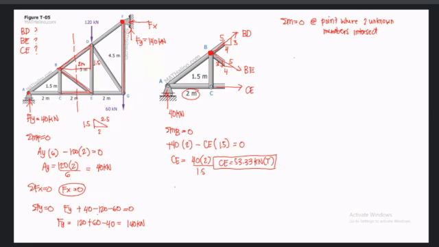Okay? So, gamitin natin si summation Fx is equal to 0. So, you have positive BD times 4 over 5. And then positive BE times 4 over 5. And then plus CE, which is 53.33, is equal to 0. So, simplifying further yung equation.